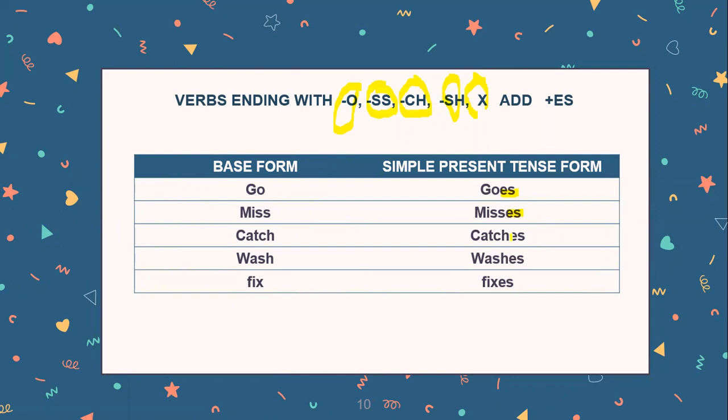Catch, we add es, so it becomes catches. Go is ending with O. Miss is ending with double S, so we add es. Catch is ending with CH, so we add es here. If a word is ending with SH and we are forming the simple present tense, then we have to add es. If it is ending with X, then also we have to add es to form the simple present tense.